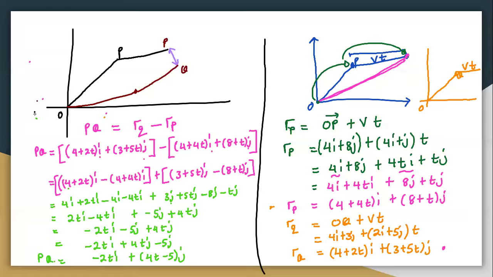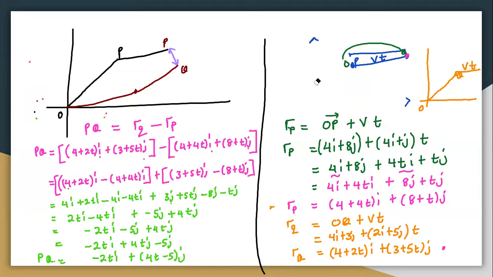Okay. These letters of R, RP and RQ, it is up to you to use any letters of your choice. The reason why I did not use OP as my position vector is because I had already used it here for the initial position.